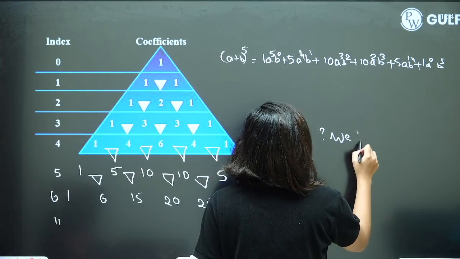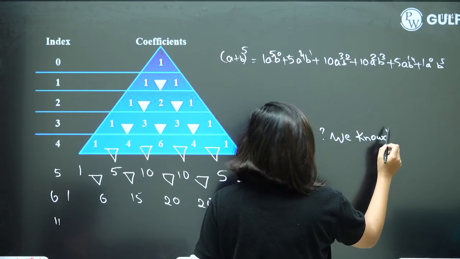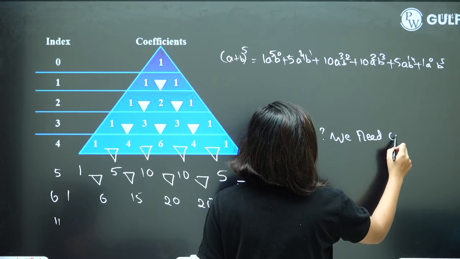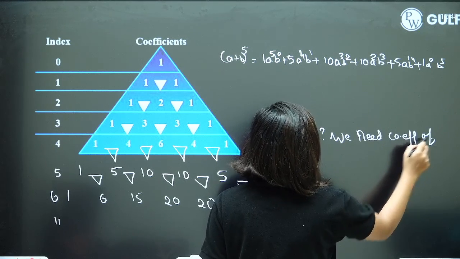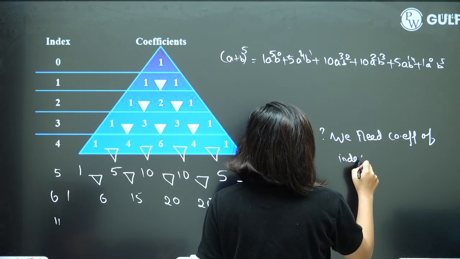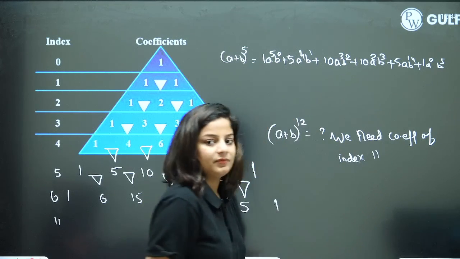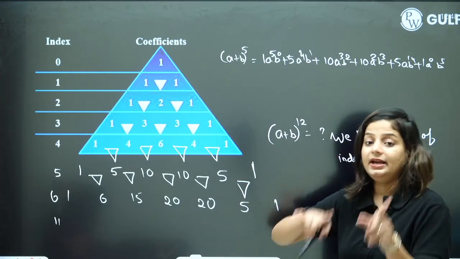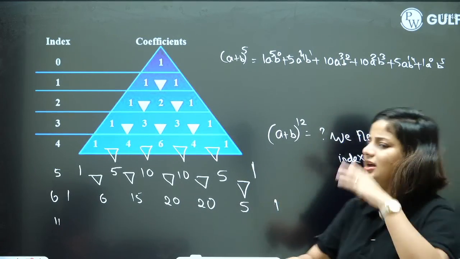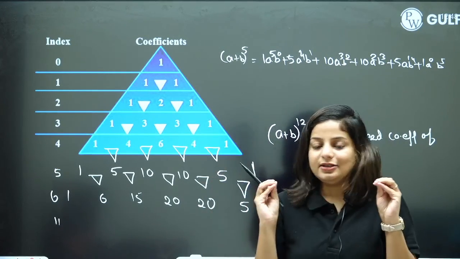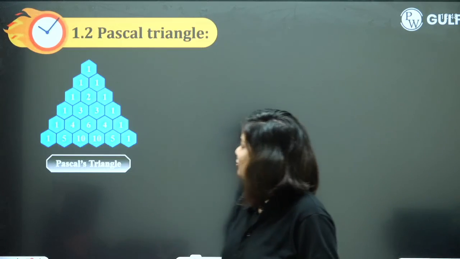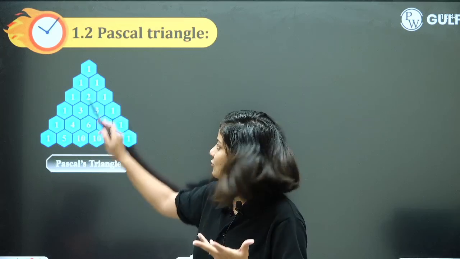We need coefficients of index 11. That means after 6, you'll have to write 7, 8, 9, 10, 11, and that's how you will get 12, which is again very lengthy. So he did one more super fantastic observation.